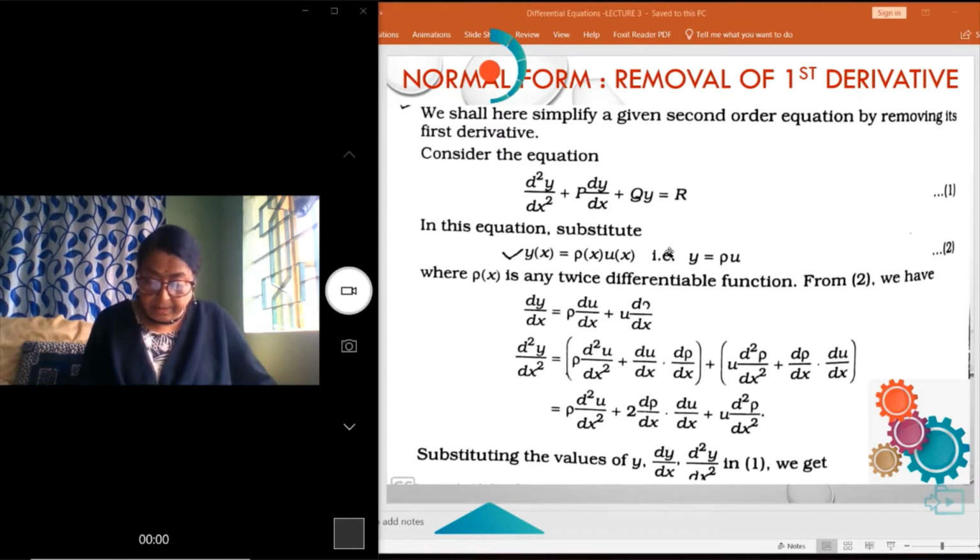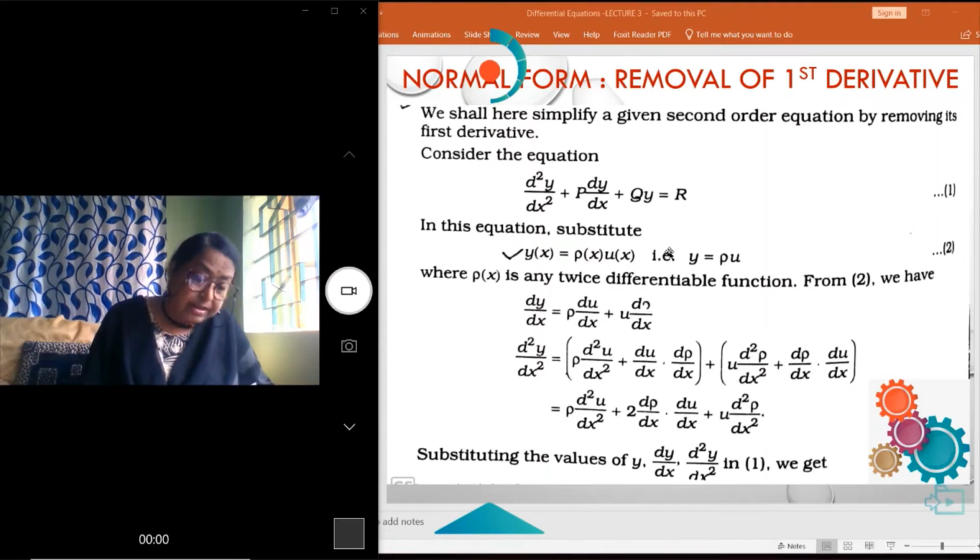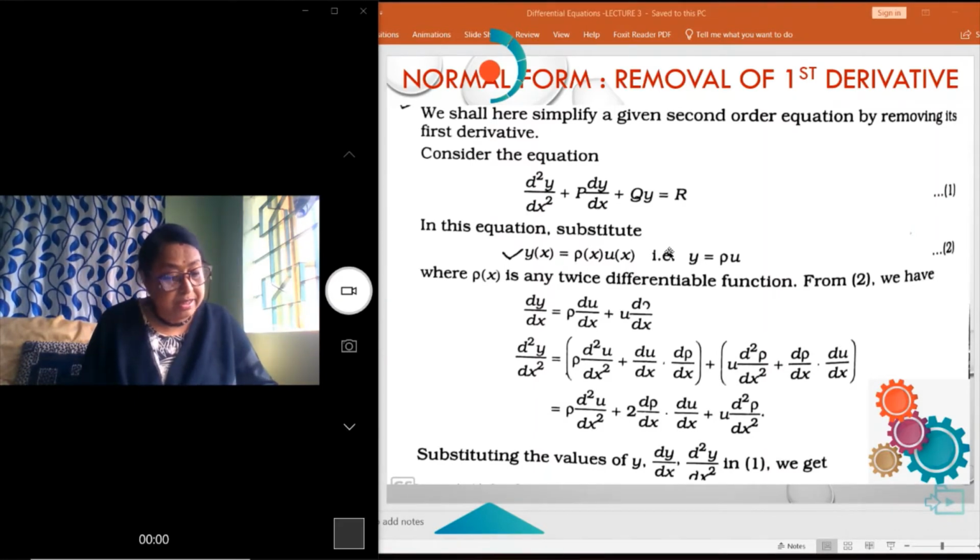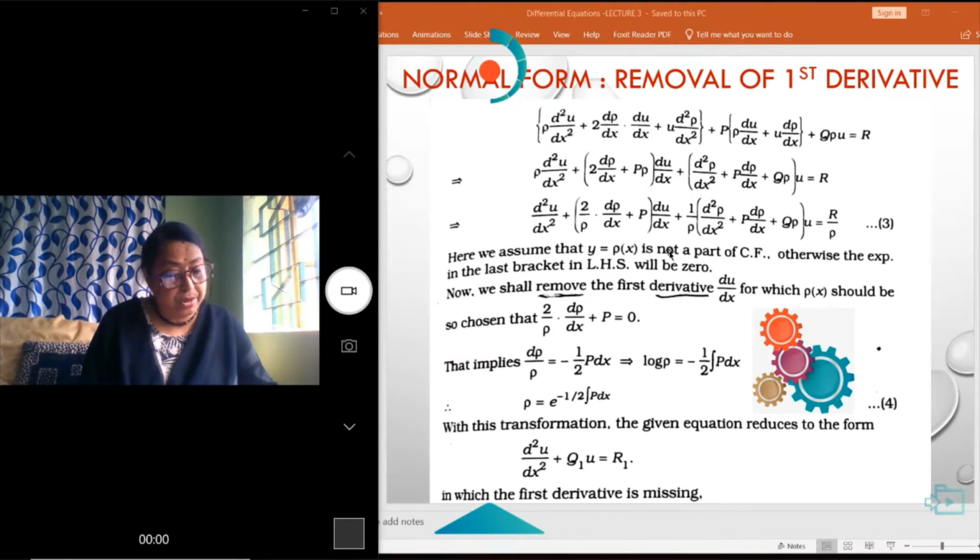Then taking the differentiation with respect to x, we get dy/dx, and similarly d2y/dx², and then putting these values in the original equation, that is equation 1, we get the result as shown on your screen, which is equation 3.